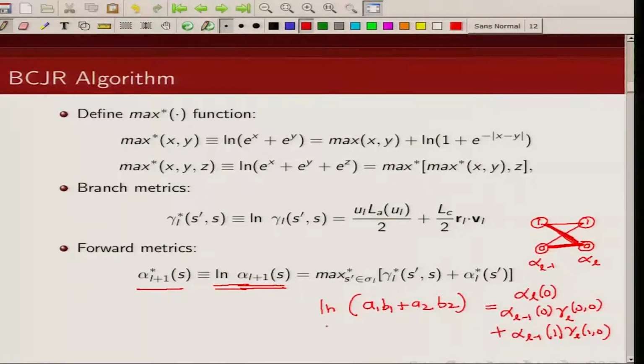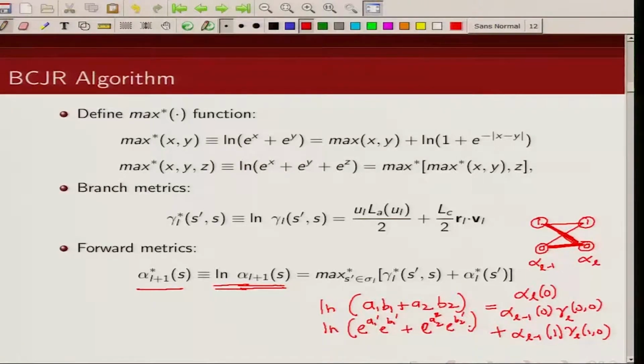We can also write this as e raised to power a1 dash times e raised to power b1 dash, plus e raised to power a2 dash times e raised to power b2 dash.